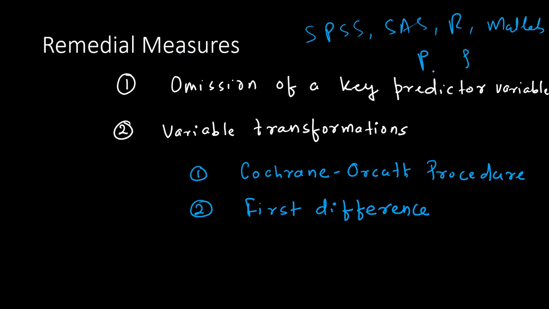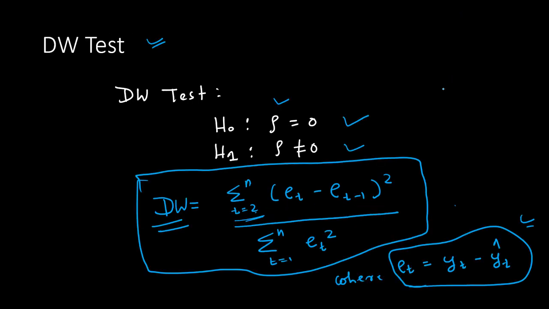Now when you find the p-value of rho, you can easily know whether rho is statistically significant or not. If the p-value is less than 0.05, it is statistically significant at 95% confidence level. Otherwise, it is not statistically significant. Based on that, you will make an inference.